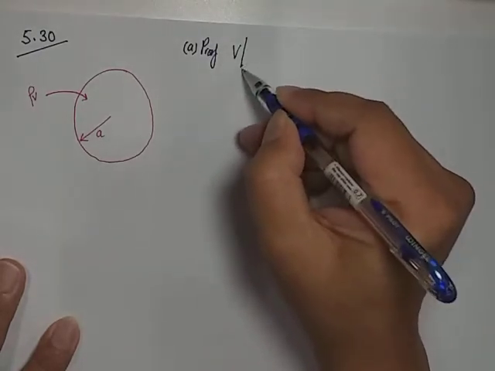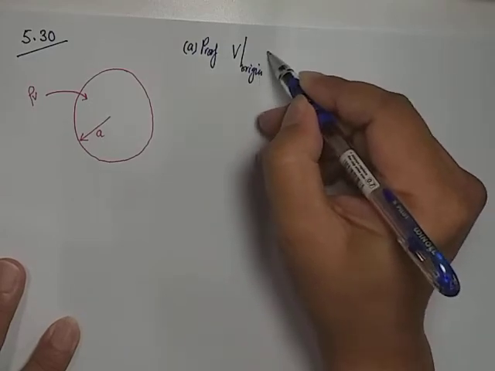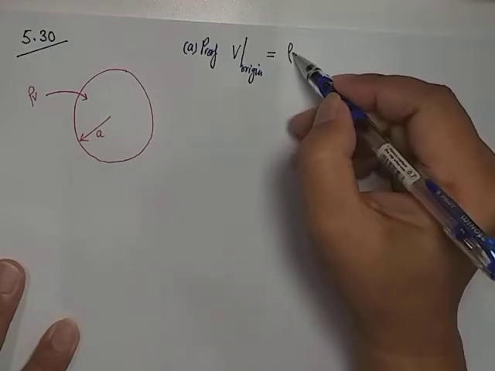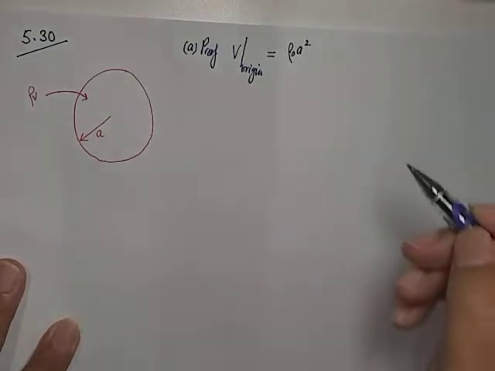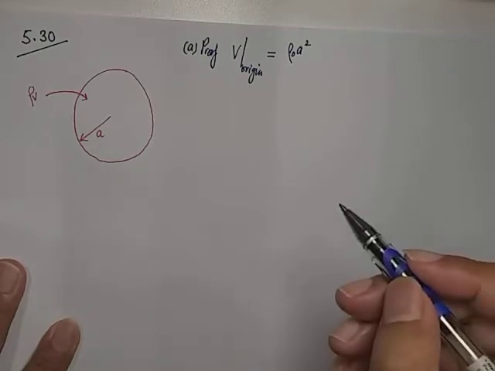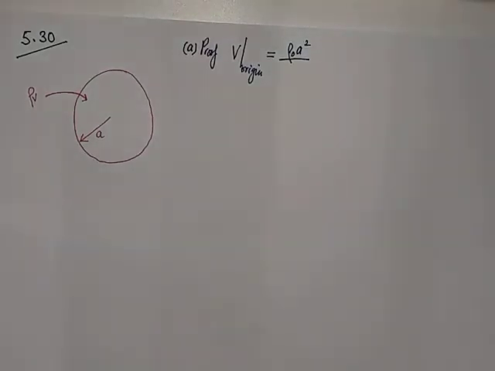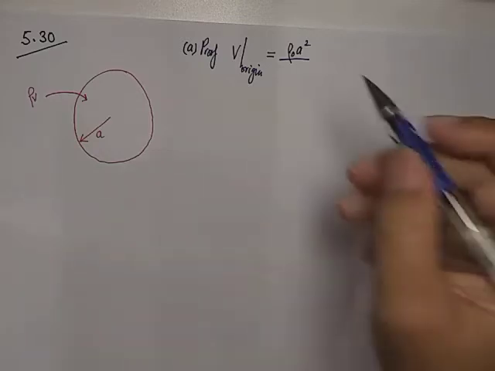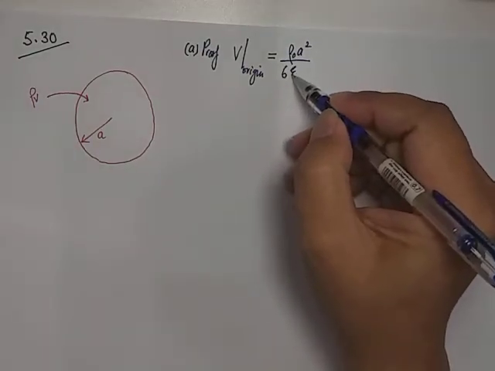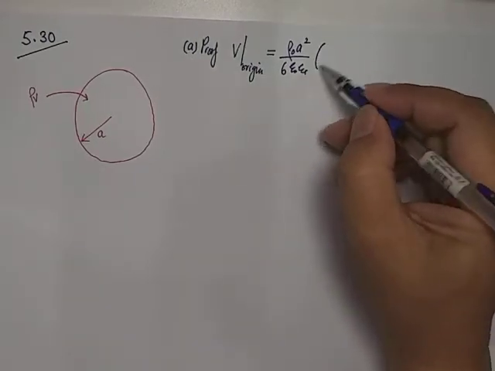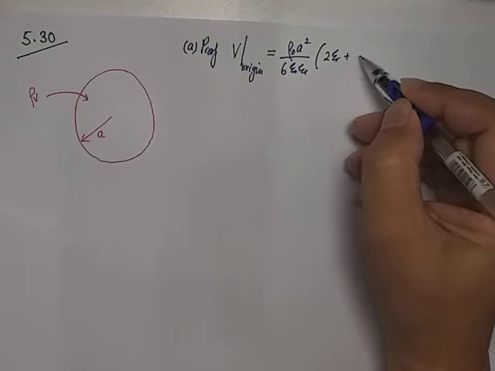V at the origin is equal to rho naught A squared over 6 epsilon naught epsilon R, times 2 epsilon R plus 1.